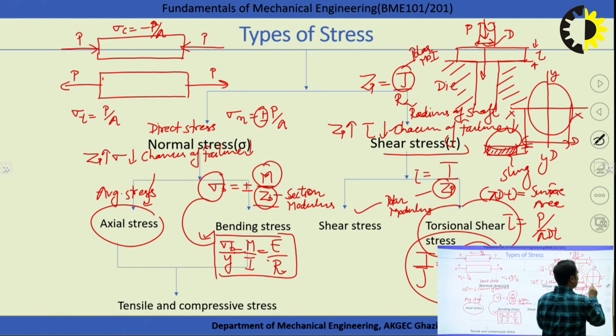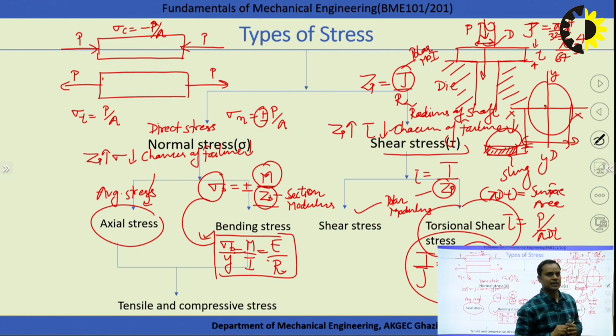The value is simply pi by 64 d to the power 4. If I am interested in calculating the moment of inertia about the z axis, which is perpendicular to the plane, that is called the polar moment of inertia, J, and the value is pi by 32 D to the power 4, right?